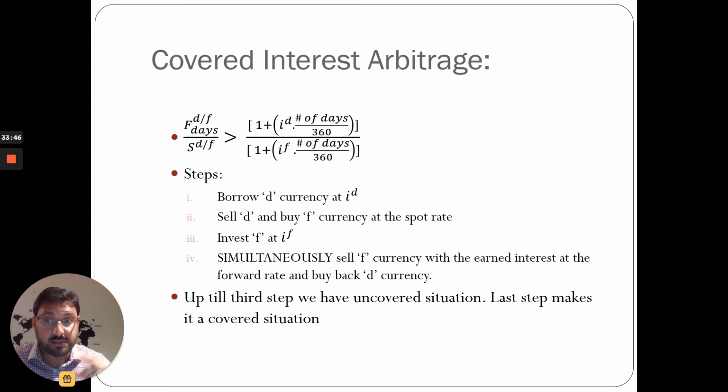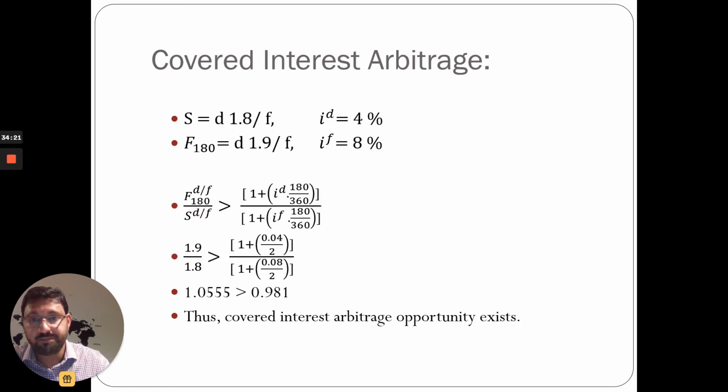Simultaneously, the third and fourth steps will happen at the same time: we need to sell the F currency and buy back the D currency by locking our position at the forward rate. Up to the third step, we have an uncovered situation, and the last step makes it a covered situation. So once you complete the third and fourth steps simultaneously, you will basically get the covered interest arbitrage, CIA, right?